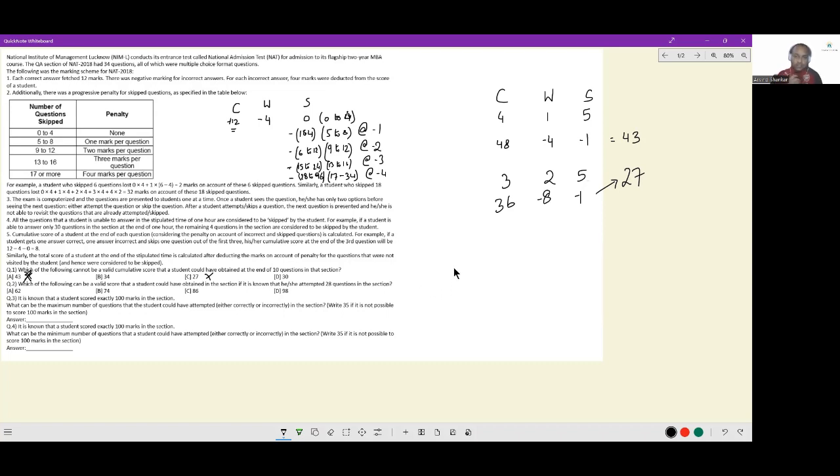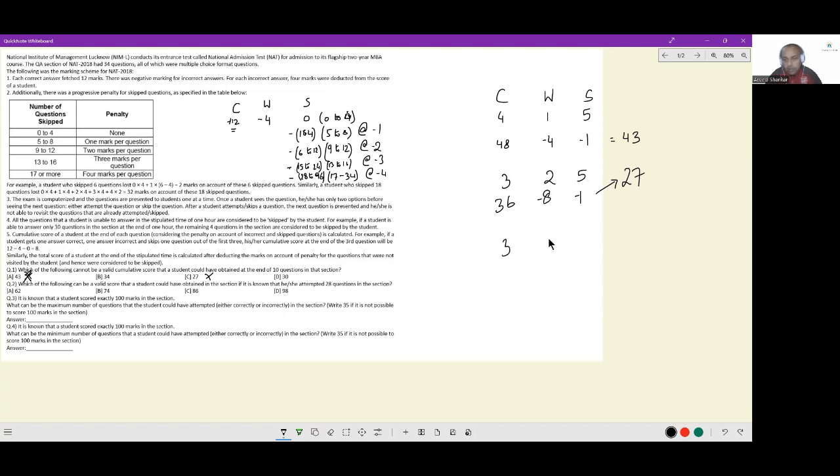Okay. Next thing you can potentially see, for every wrong question that turns skipped, can you see your total score will increase by 3 right now? Because for that question, previously we were getting -4. Now you will get only -1. So your score should increase by 3.